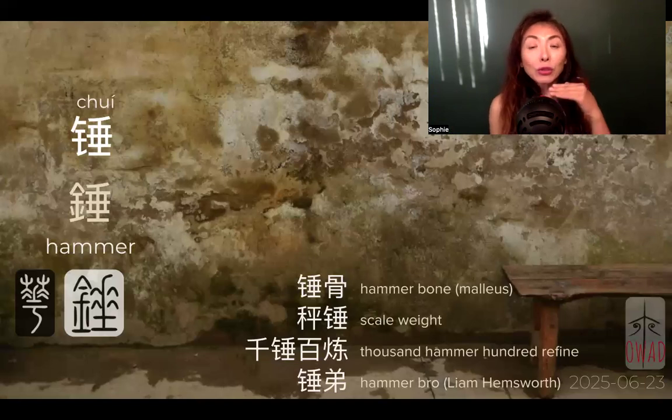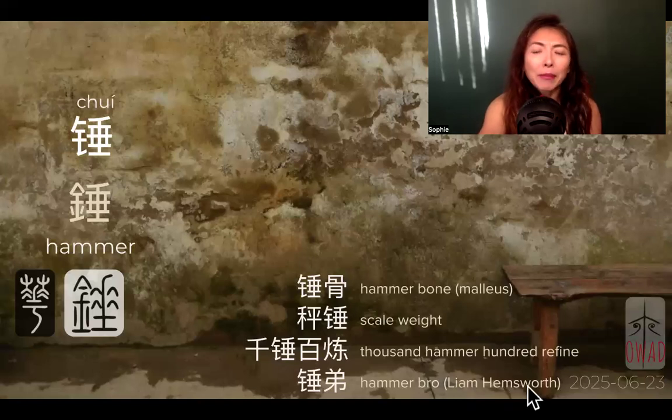When you use a hammer for work, a thousand times hammering to refine it, put it back in fire, that gives you the sense of rigorous tooling or shaping of something, and then eventually it's your masterpiece. So you can use 千锤百炼 for your crafted words or any kind of craft.